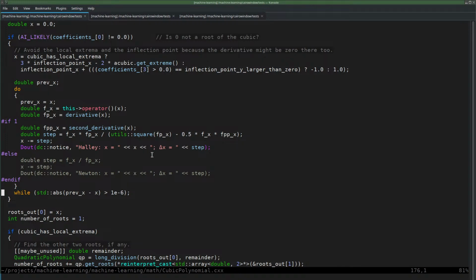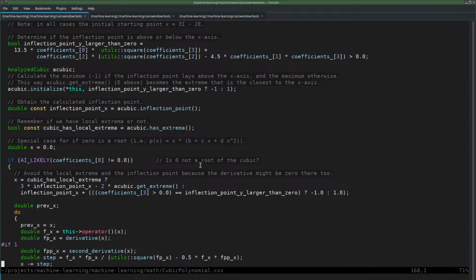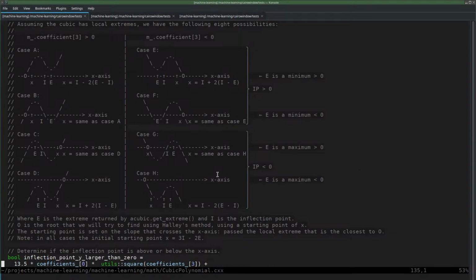So the advantage here is that we always avoid the inflection point and the local extrema. If you look at this, you find this point, not ever that point, not even if it touches, if this is a 0. So in this case the e could be a 0, but we find all the way on the other side, the root. Same thing here. On the other side of where you find the root, on the other side of the local extreme that is the closest to the x-axis.